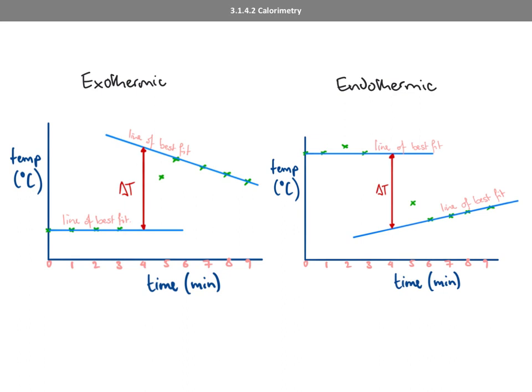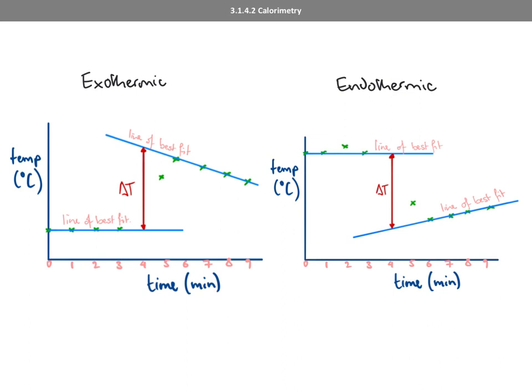You would have to talk about drawing 2 lines of best fit, extrapolating them back to the 4th minute, and measuring the difference between those 2 lines at the 4th minute to get delta T. So you would have to explain all of that in any method question regarding this core practical.